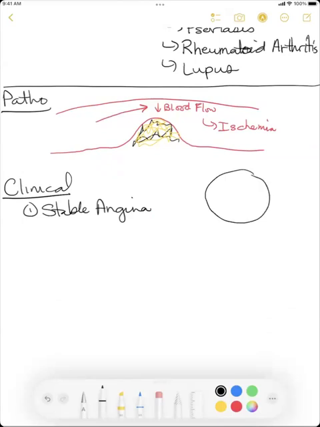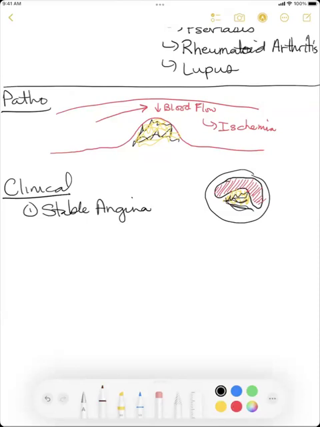The lumen is narrowed because of that plaque that's there. And so there is blood flow, but it's less. This would be a cross section of the blood vessel.